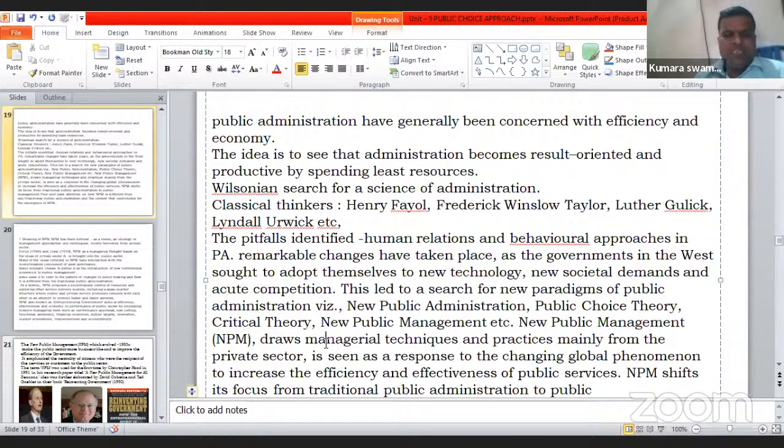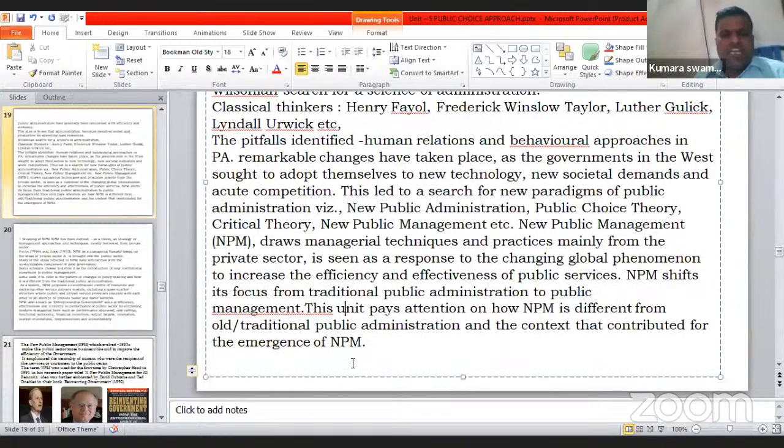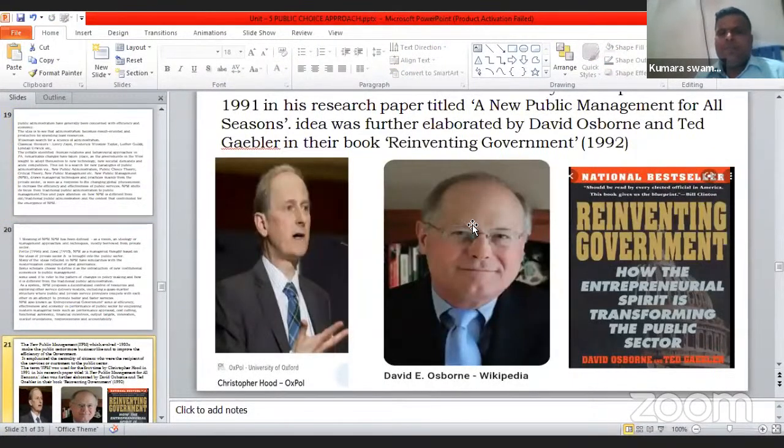So in the administration process, how the management needs to act and what type of principles they need to practice: new public management emphasizes that they need to practice private sector principles and developmental principles. Because in the changing globalization era, they need to practice different management techniques in the administration process. So due to that, we have the concept of new public management.